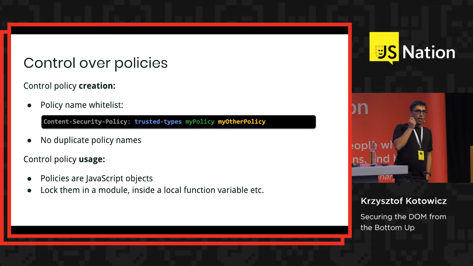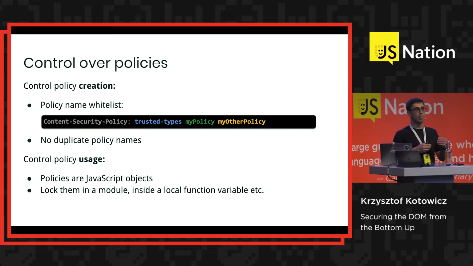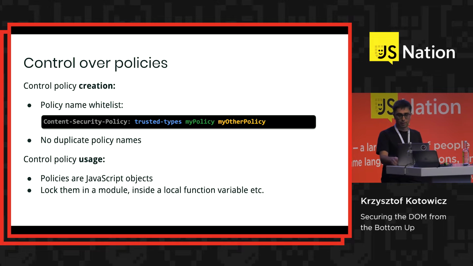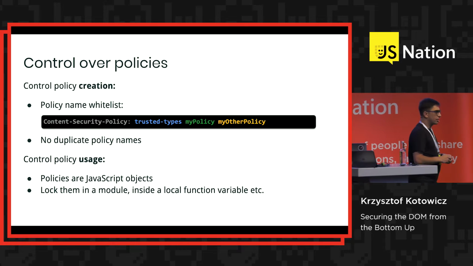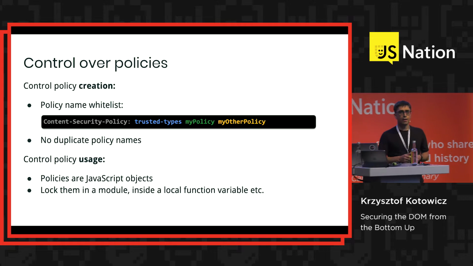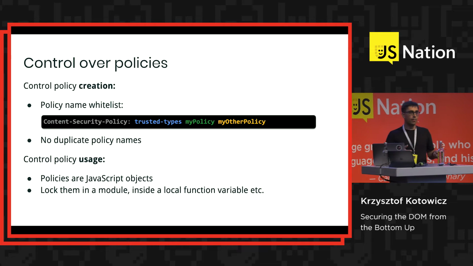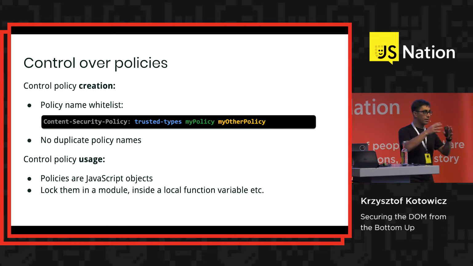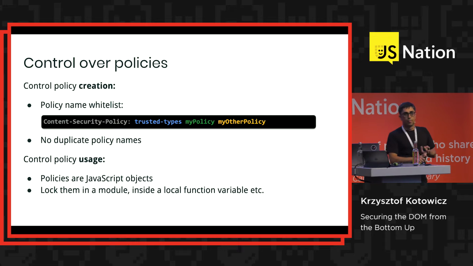And again, there's no possibility of having a duplicate policy name such that by mistake, you might create a policy that has different rules than the ones that you, for example, have reviewed for security. But policies are also just JavaScript objects after creation. So we can lock them down, lock access to them in the regular ways. You can lock them within a module and just not export them, so they would only be available from within a single module. You can put them inside a local function variable or a private class field.